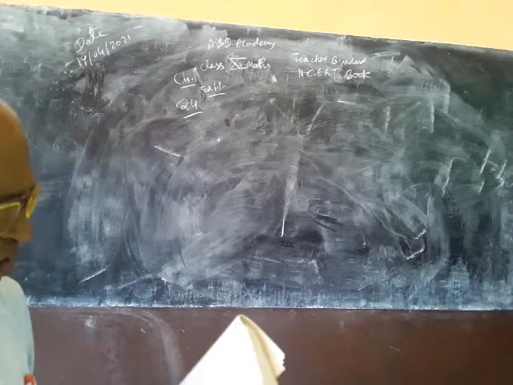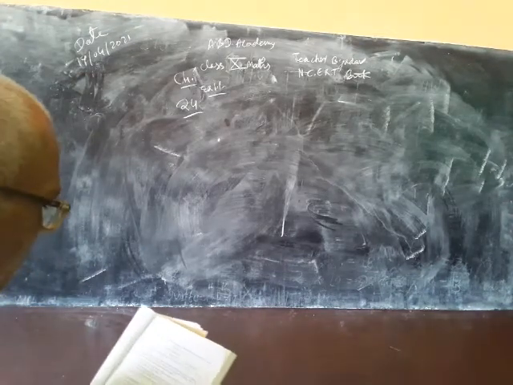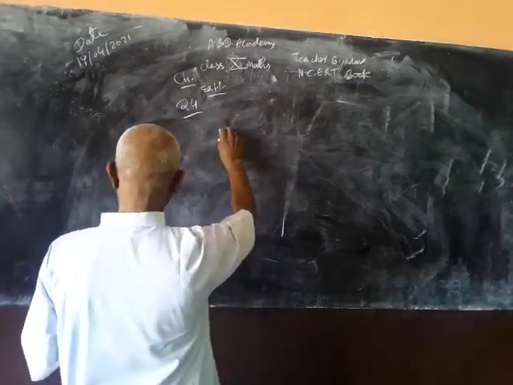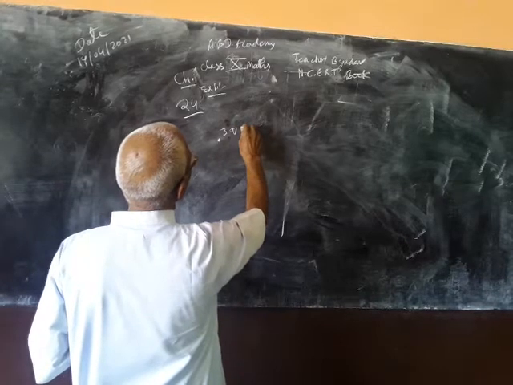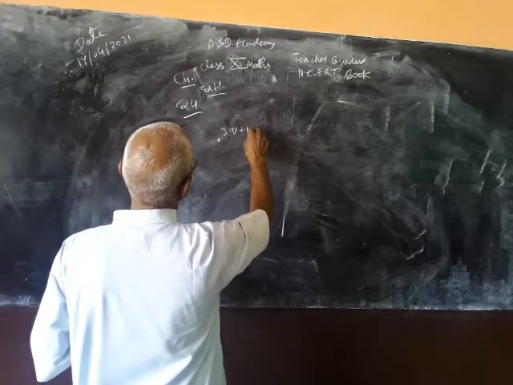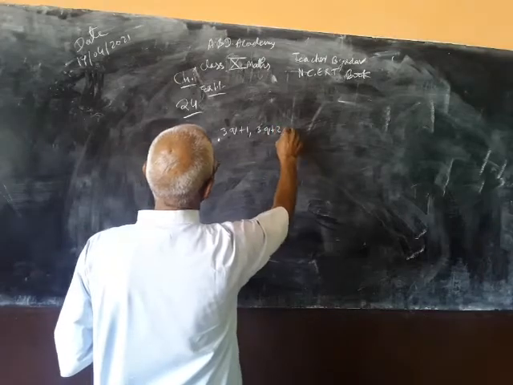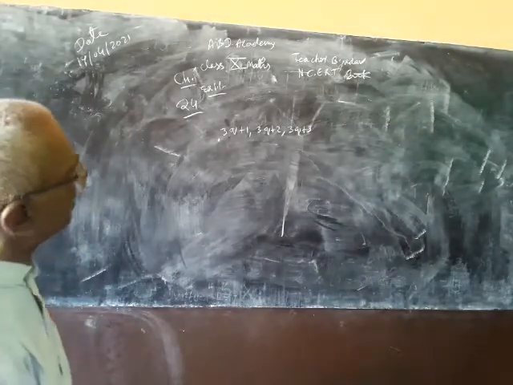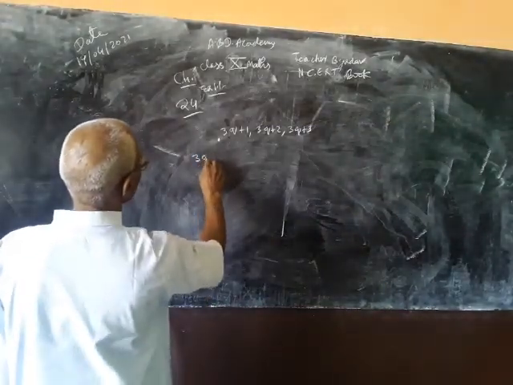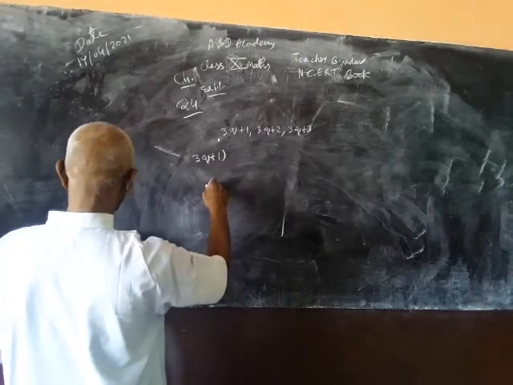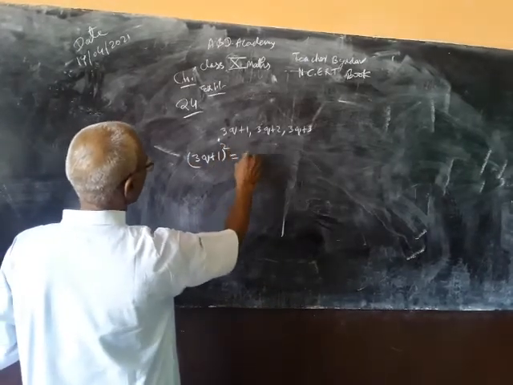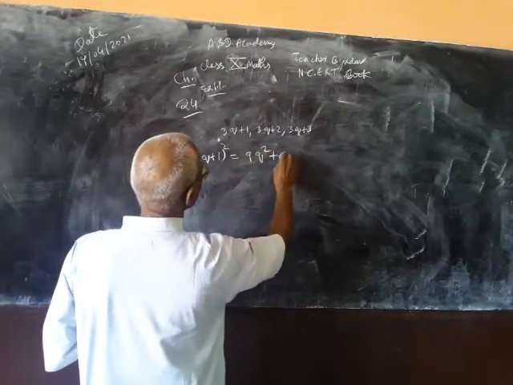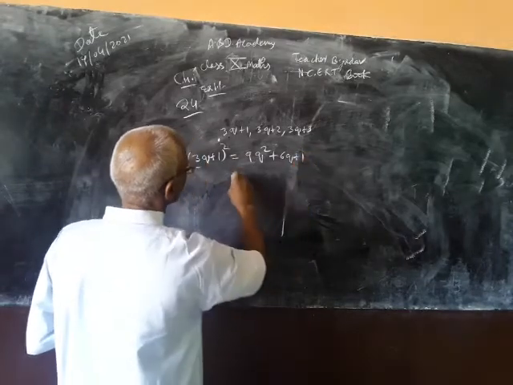So any positive integer can be of the form 3q, 3q plus 1, 3q plus 2, like this. And if we square them, 3q plus 1 whole square becomes 9q square plus 2 into 3q into 1, that is 6q, and plus 1.